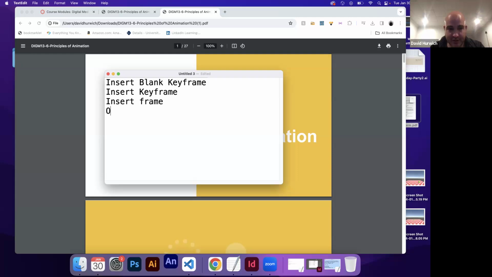We also talked about using onion skin, just general simple frame to frame type animation. Hopefully you guys are working on the lab that's associated with that.